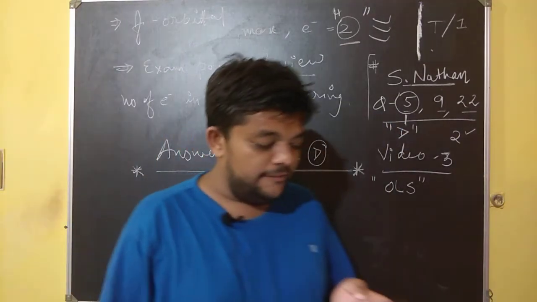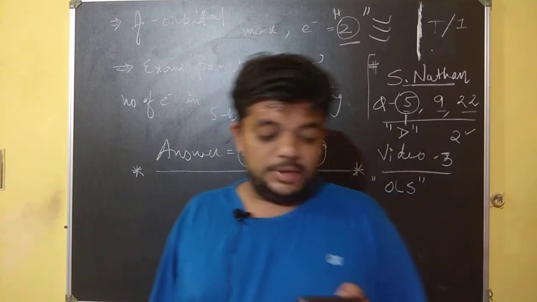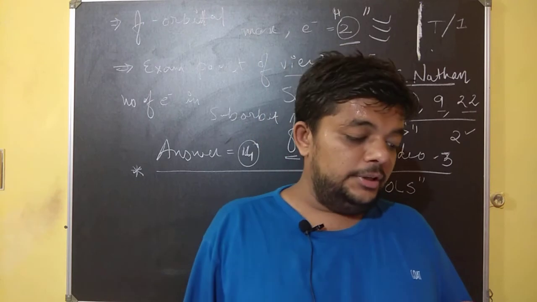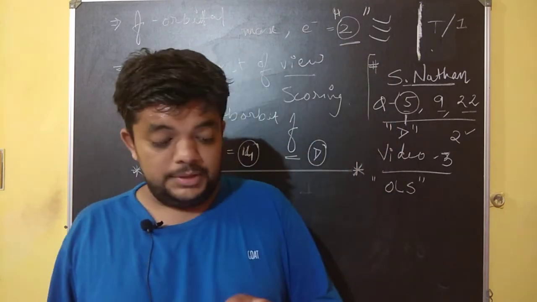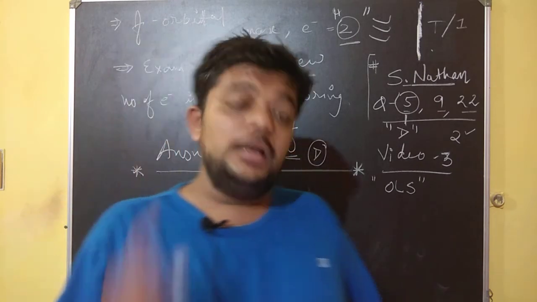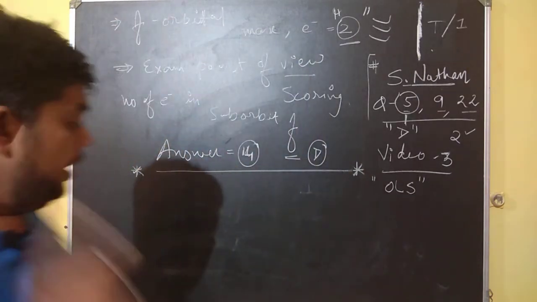Friends, moving further, there is a very important question that has been asked over here. Which ion has 18 electrons in its outermost orbit? This is very important. It is very clearly mentioned outermost orbit.